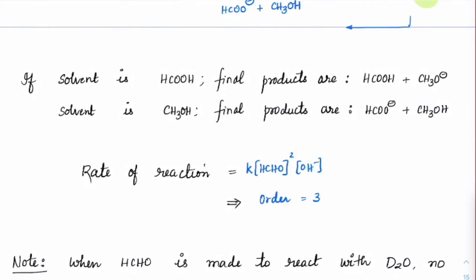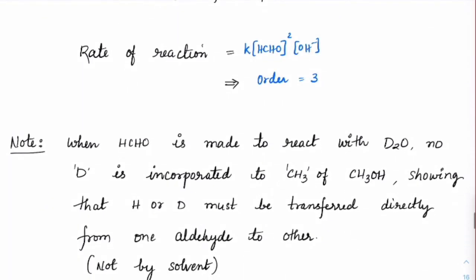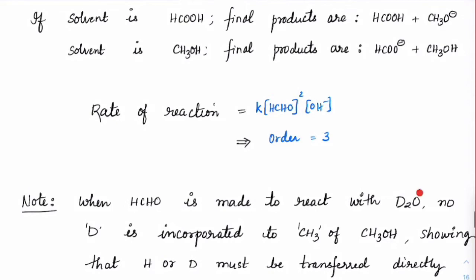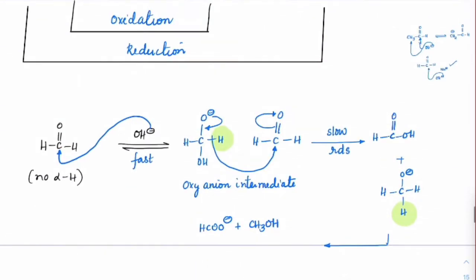Okay. Now one thing that has been observed, when HCHO undergoes the reaction, there is a hydride shift happening, right? Suppose the solvent we are using is water, and if D2O is present in it, there is no evidence of this hydride getting changed, or of this hydrogen coming from the solvent.